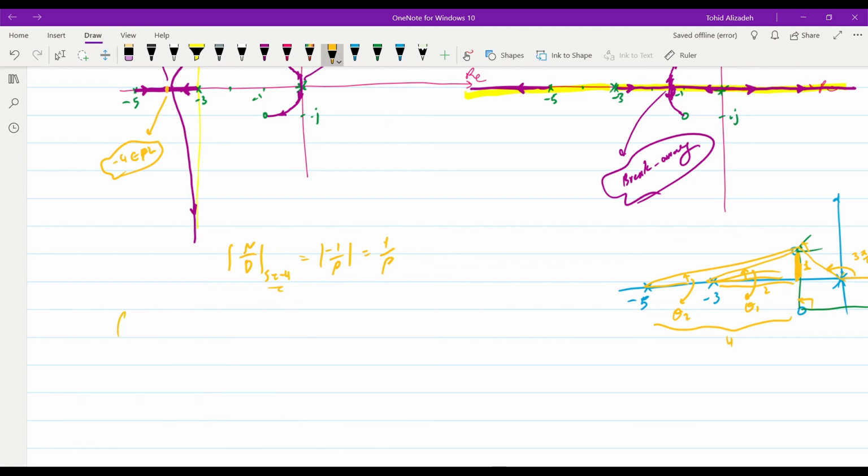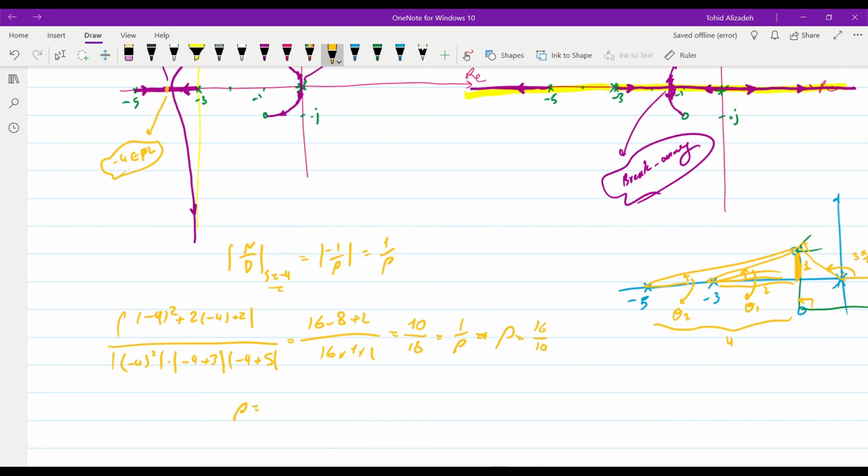So for n over d, we will have amplitude of minus 4 squared plus 2 times minus 4 plus 2 over minus 4 squared times minus 4 plus 3 times minus 4 plus 5, and this will be equal to 16 minus 8 plus 2 over 16 times 1 times 1, and this will give us 10 over 16, which is equal to 1 over rho, and therefore rho will be equal to 16 over 10.